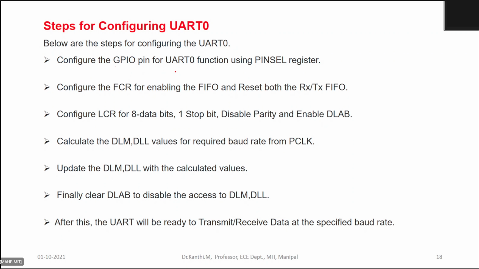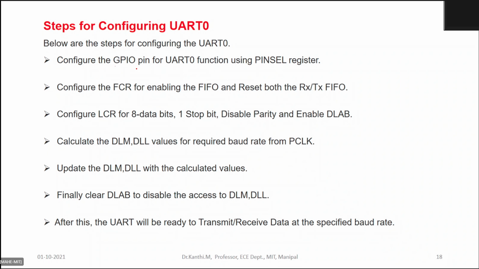Some of the port 0 pins are used for the TXD of UART 0 and RXD of UART 0. Similarly, you have UART 1. Whatever steps I have shown, we have exactly the same for UART 1, 2, 3, maybe with different GPIO pins used.